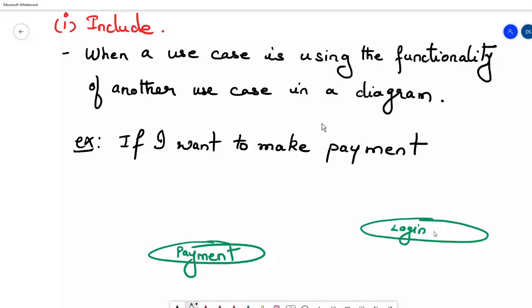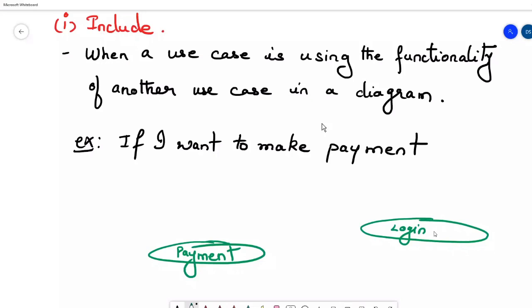So payment includes login. It would always be represented with dotted or dashed lines, and the arrowhead would be towards the use case which we are including in our use case. This payment use case is using the functionality of another use case.